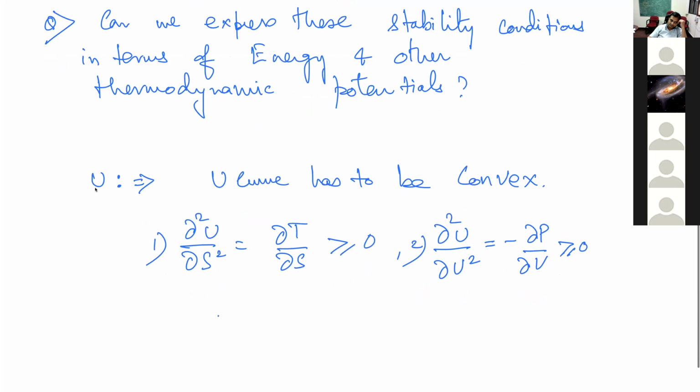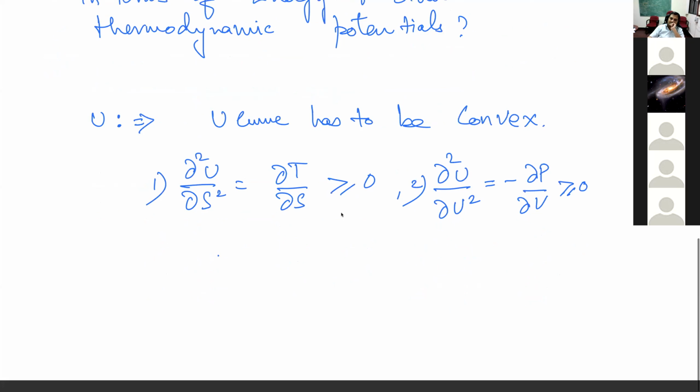So if you think in terms of the internal energy, then entropy maximization, energy minimization, right? So there I had a concave curve, so the U curve has to be convex basically, right? So here only those parts of the U curve should be allowed which will lie below the envelope of the tangents, etc. Okay.